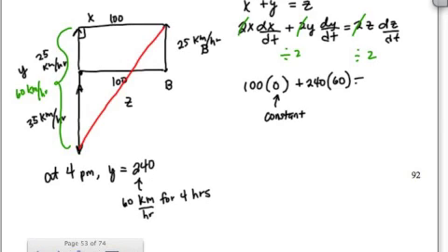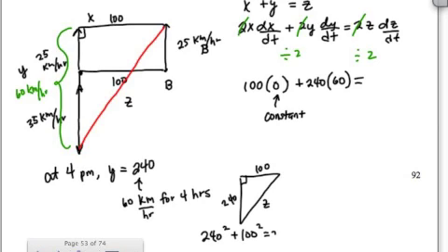All right, equals z. So z, how do we find it? I have 240 and I have 100. I need to find z. So we do the Pythagorean Theorem: 240 squared plus 100 squared equals z squared.